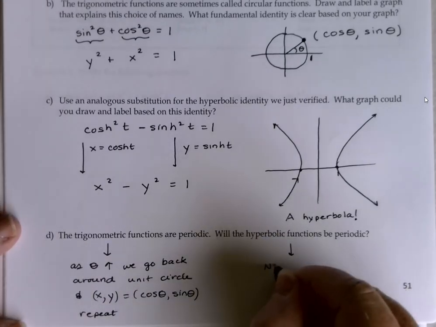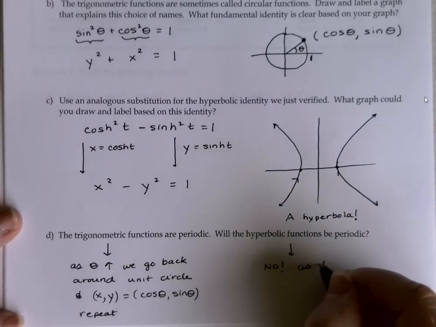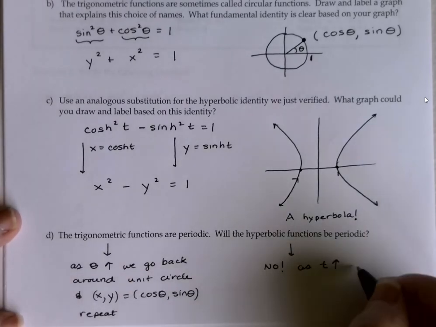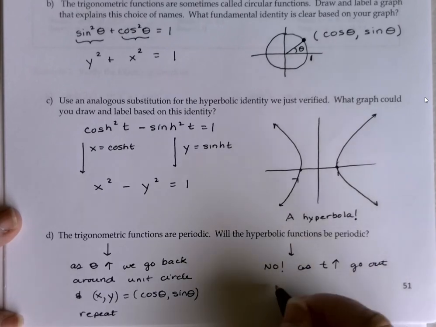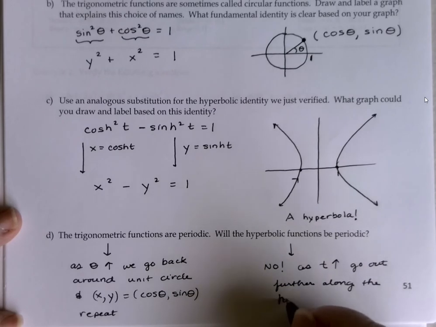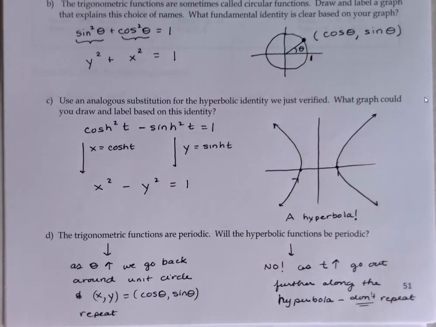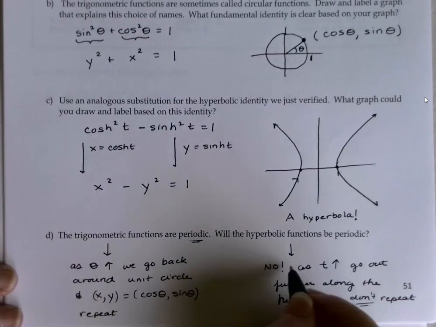This is not going to happen with hyperbolic functions. As the t values increase, we'll simply go out further along the hyperbola. These don't repeat. So that's one big difference between the trig functions, the circular functions, and these hyperbolic functions. Trig functions are periodic, hyperbolic functions are not.